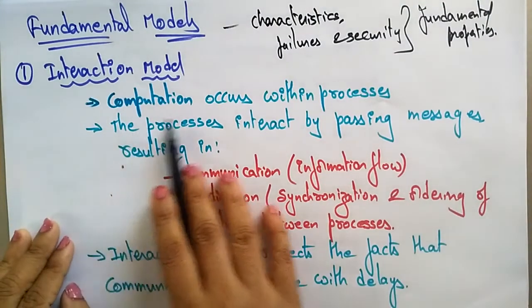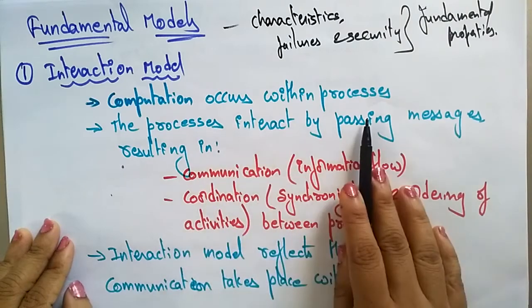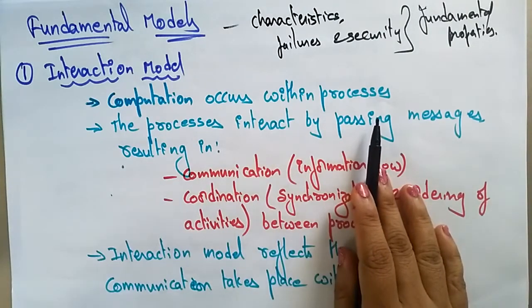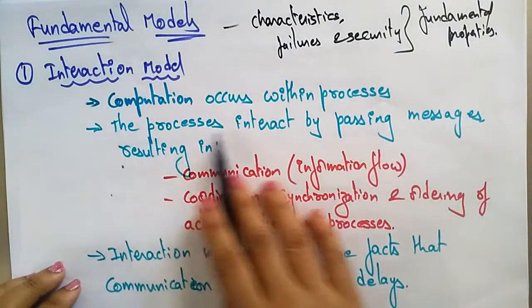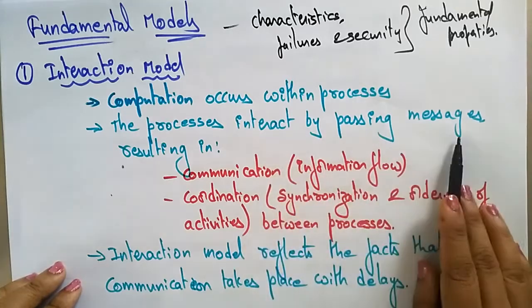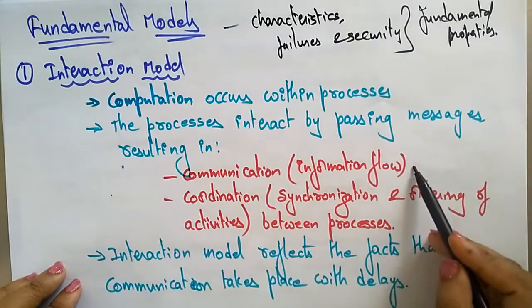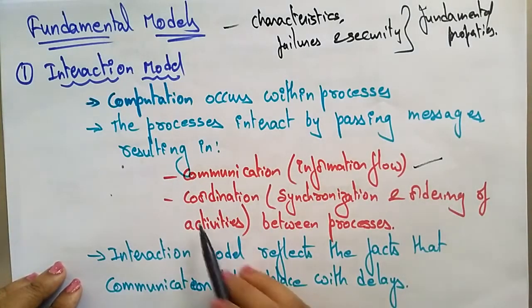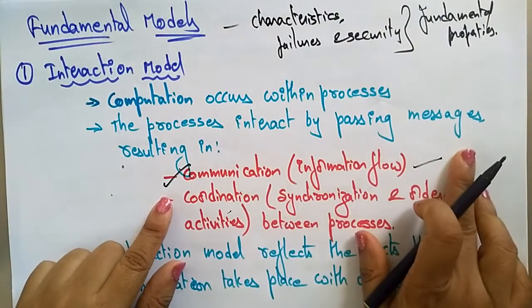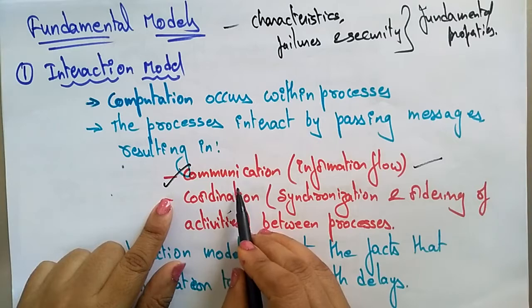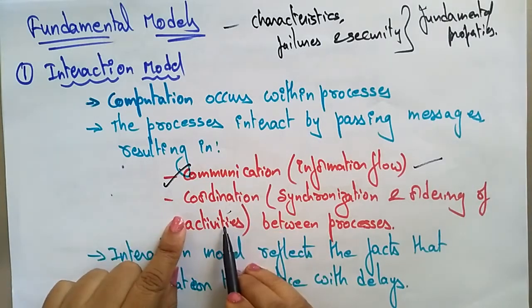In the interaction model, the computation occurs within the process. So it deals with how the computation that occurs within a process is going to interact. The processes interact by passing messages, which results in communication, that is the information flow, and coordination.